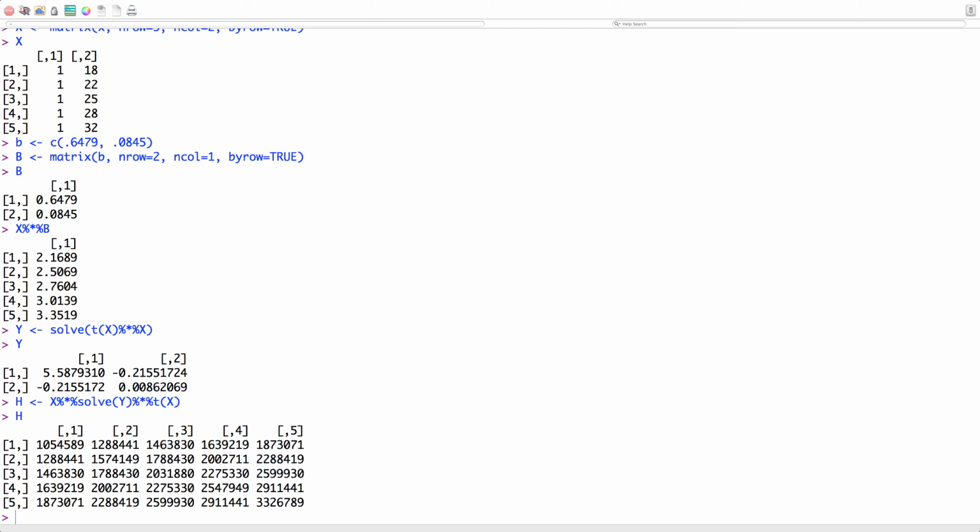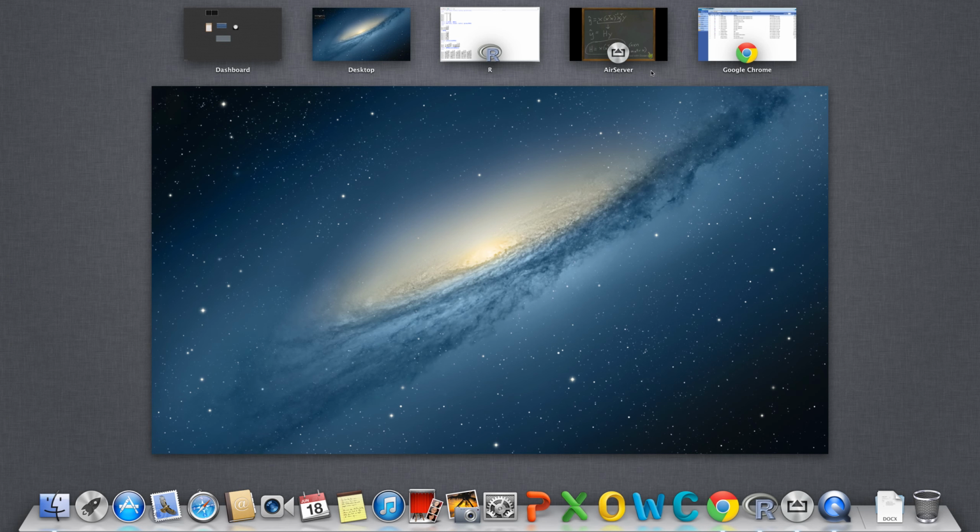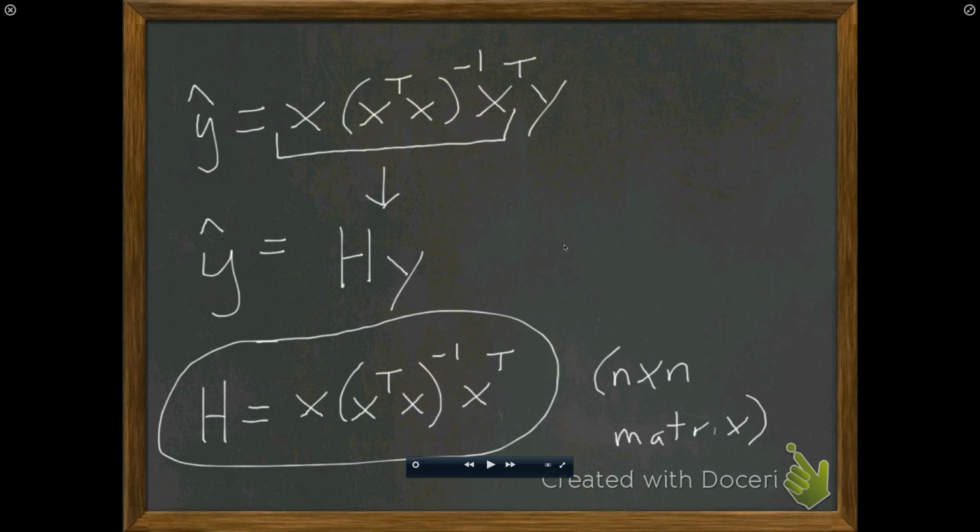Now, I'll tell you what, how much of this do I want to talk about right now? Let's just leave it at that, that it is easy to calculate the hat matrix, and let's just go back and look at some theory. I'll spring on you a little later what that actually helps us do. Okay.